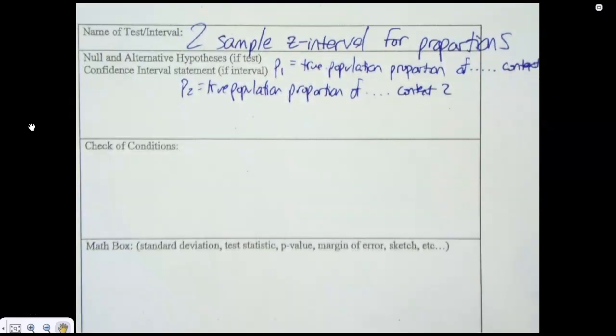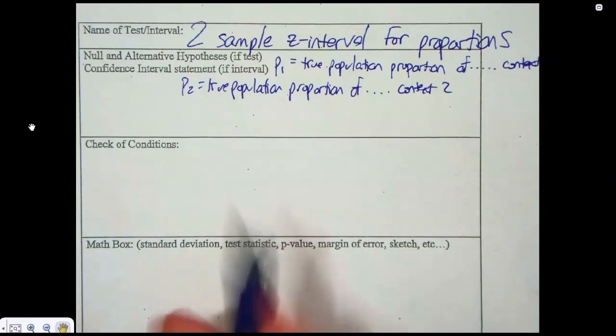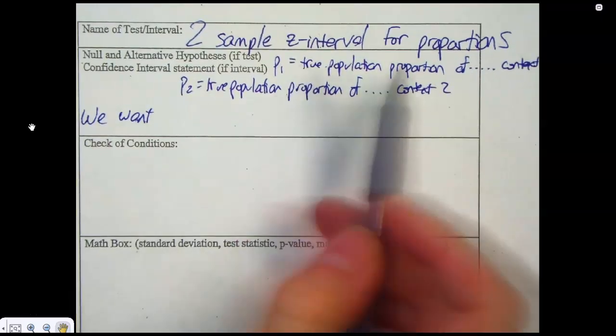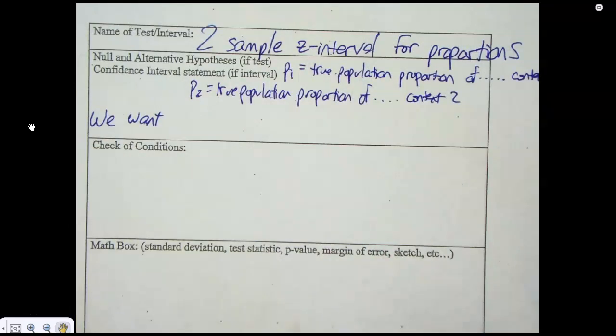So this might be P1 is the true population proportion of seniors who are Democrats, and P2 might be the true population proportion of juniors who are Democrats. And then when we write this sentence now, I can use P1 and P2 going forward instead of writing all those words out over and over again.